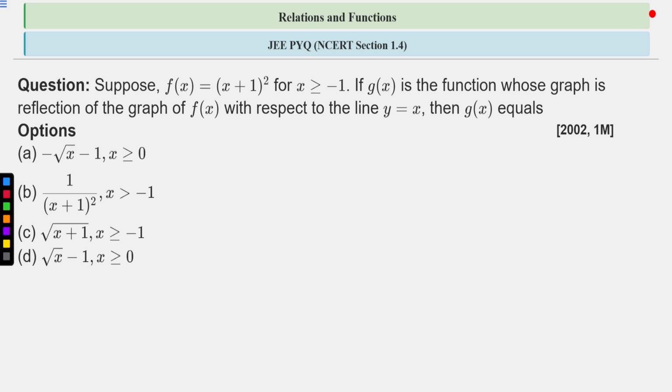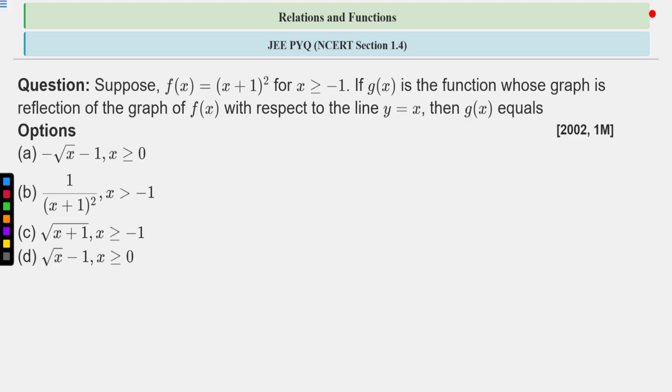Again, we just have to find the function g(x), which is a reflection of the graph of the function f(x), right?